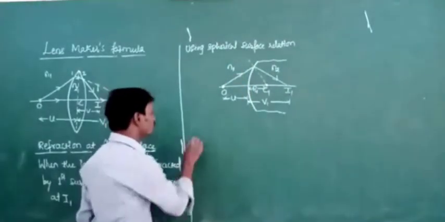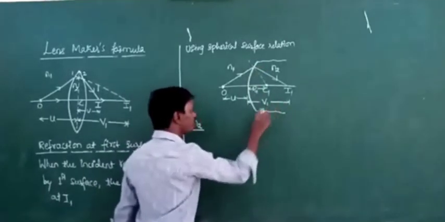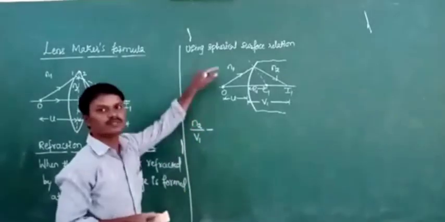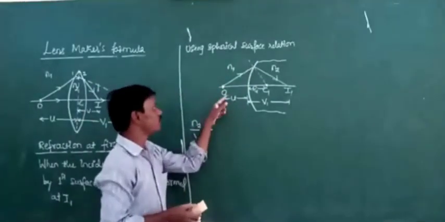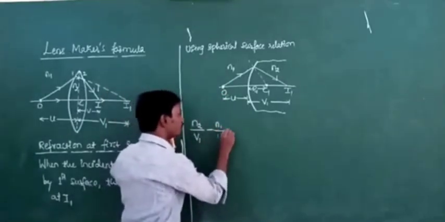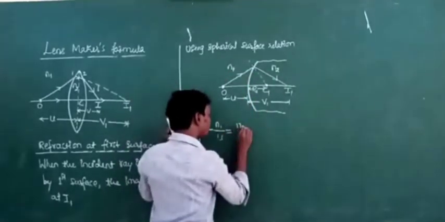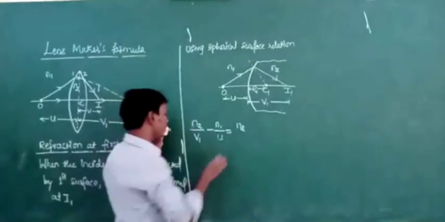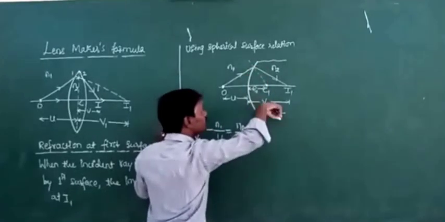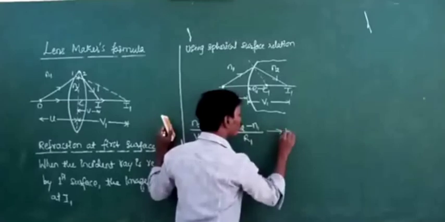So N2 by V1 minus N1 by U is equal to N2 minus N1 by R1. I will call this equation number 1.